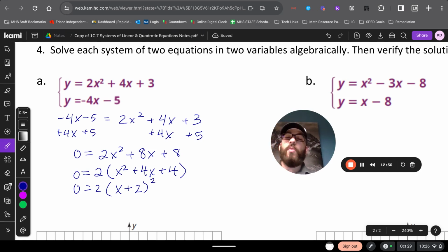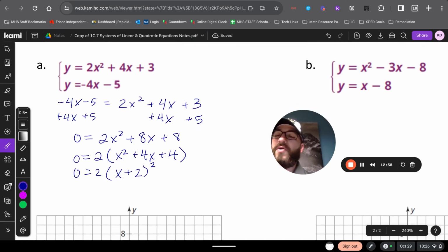Okay, so one thing you might note, I only have a single factor here instead of two factors. So since I only have a single factor, I only have one x value to set equal to 0, so x plus 2 equals 0. And if x plus 2 equals 0, subtract 2 from both sides, we get x is equal to negative 2. Okay. And now that I have x is equal to negative 2, I can plug this into either of my two equations to find my y value. So it really doesn't matter which one you use.